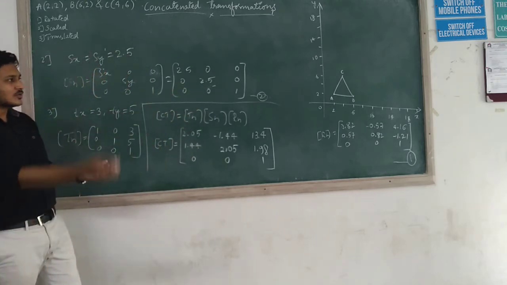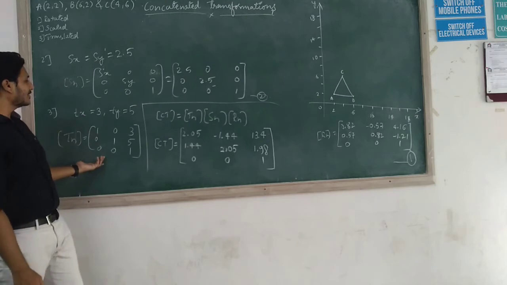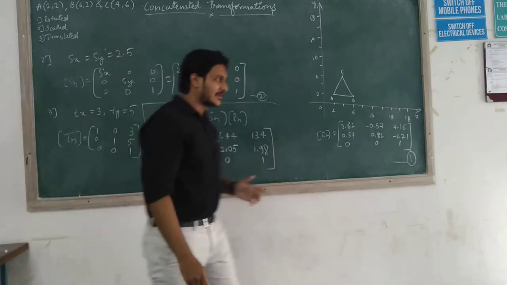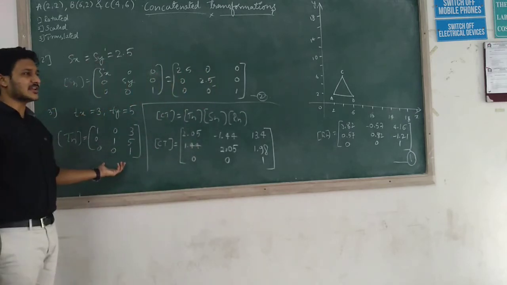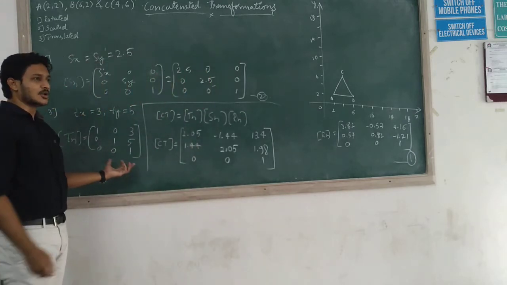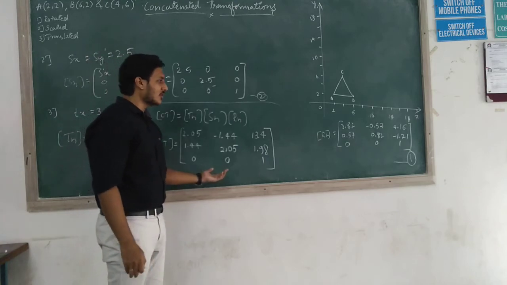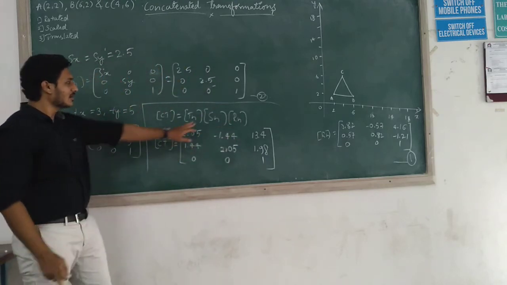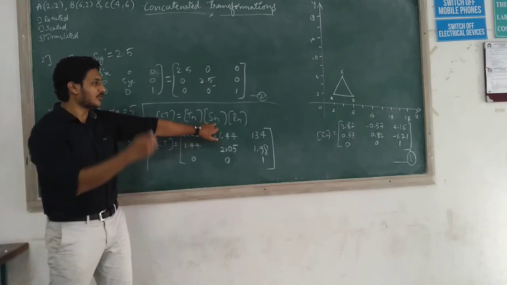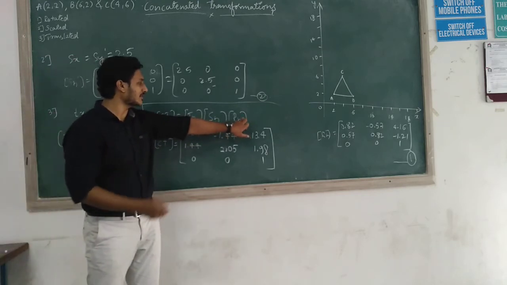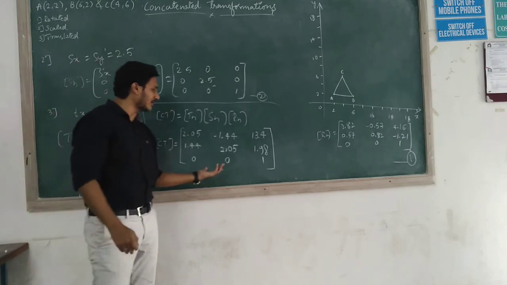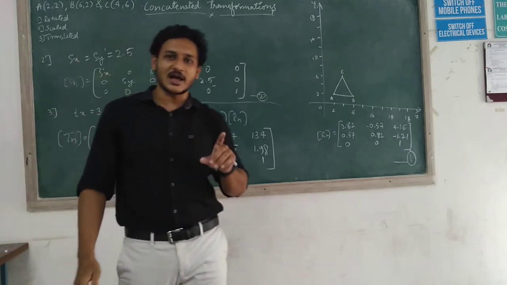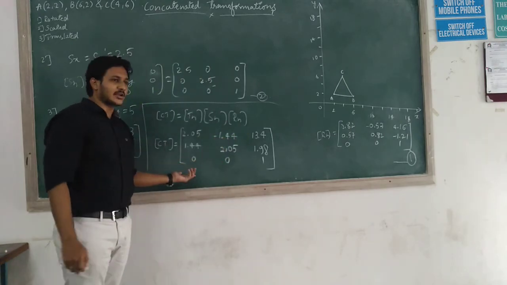After that, for the same body, we translated 3 units in the x-axis and 5 units in the y-axis, so we get the translation transformation matrix. The concatenated matrix of all these transformations is the multiplication of translation last, before that scaling, and first rotation. This is the first thing asked, the concatenated transformation.